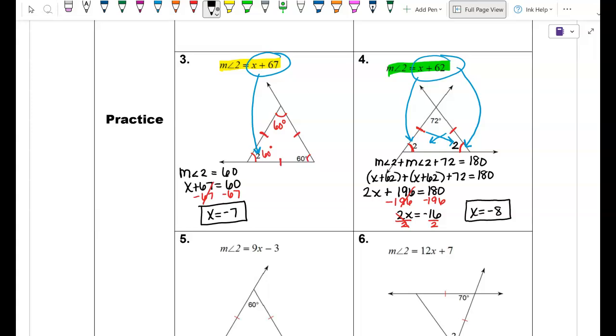So I'm still holding true on my triangle sum theorem while solving for an isosceles triangle. 196 is when we're combining like terms, if you take the 62 plus the 62 plus the 72. So combining those three terms together gives you 196.